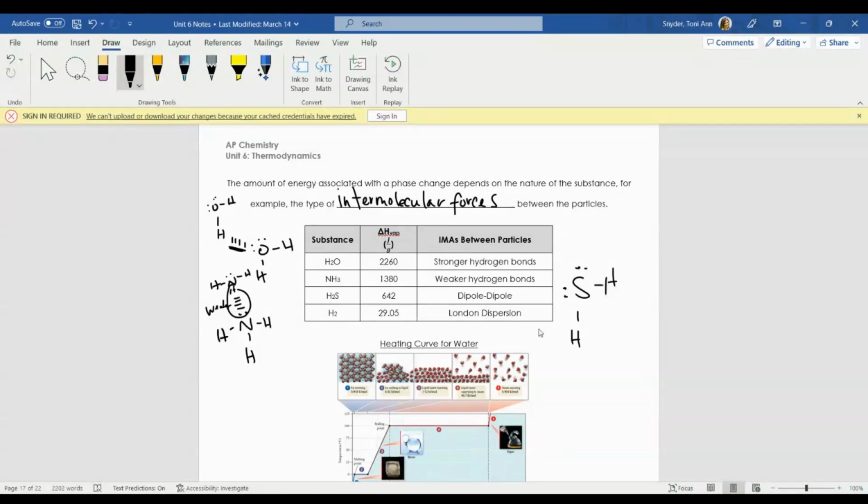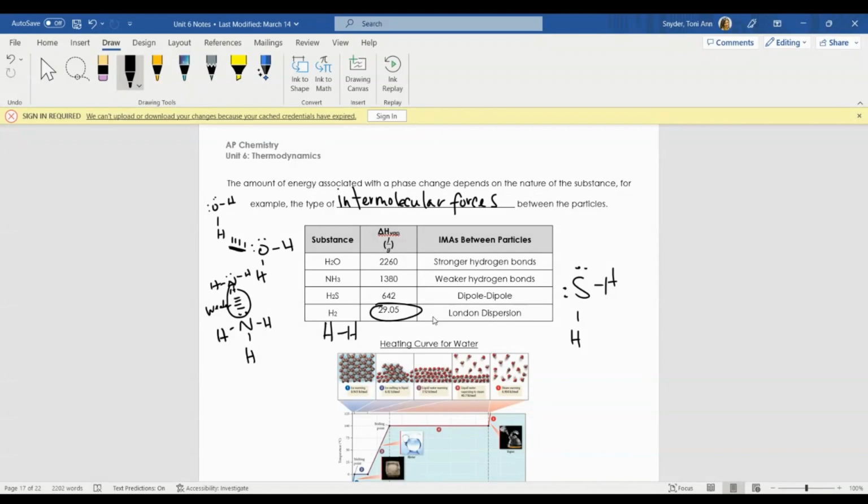So it does not take as much energy to vaporize 1 gram of hydrogen sulfide. Look how we're going down. Diatomic hydrogen, even less than that, barely any energy is required to vaporize that. That's why it's already a gas at room temperature. It already has the amount of energy it needs to vaporize. And that's because diatomic hydrogen only experiences London dispersion intermolecular forces of attraction.